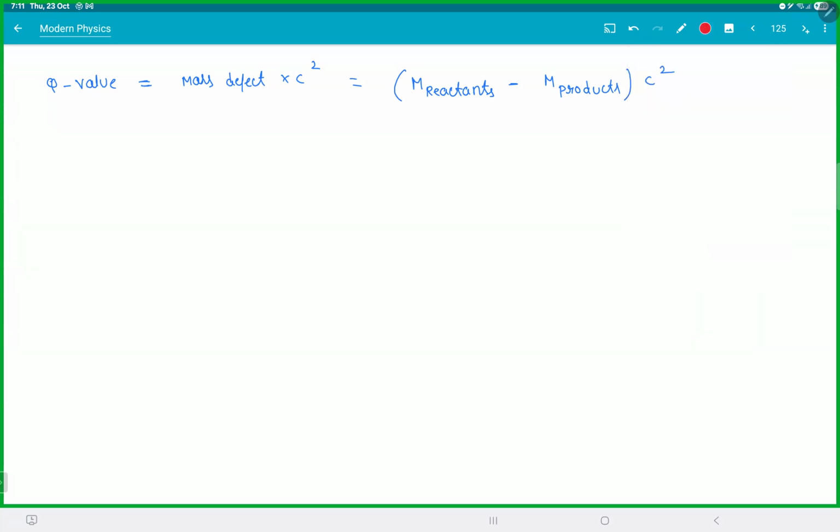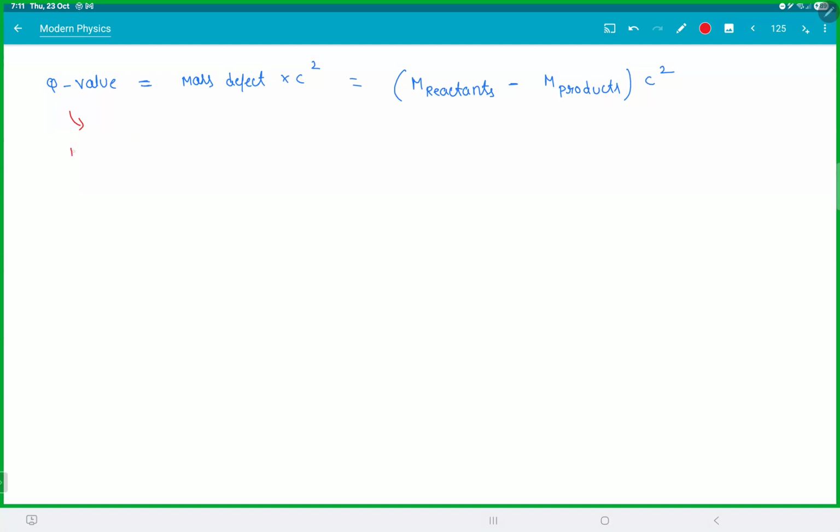Basically, this was the same thing as binding energy for a nucleus. You getting it? So if you take for a nucleus, for example, the protons and the neutrons will be the reactants and the nucleus will be the product. So the example, if you take calcium 40, Ca 20, you can write like this.